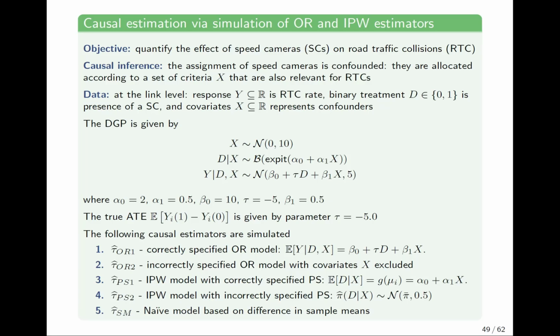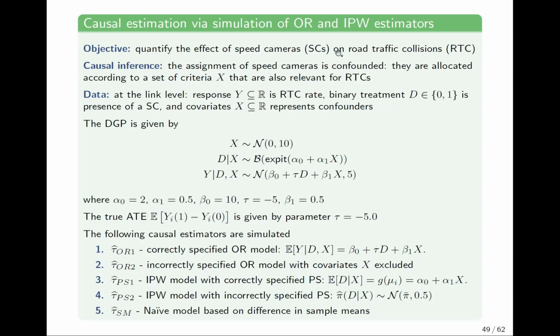So we're going to continue with this speed cameras idea. Our objective is to quantify the effect of speed cameras on road traffic collisions. There's a causal inference problem because the assignment of speed cameras is confounded. They're allocated according to a set of criteria that are also relevant for our outcome. We have data at the link level, so for individual links in the network.